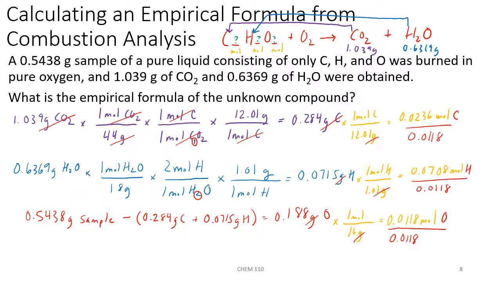When we divide the oxygen moles by itself, that'll give us 1. When we divide by the moles of hydrogen, we get 6. And when we divide by the moles of carbon, we get 2. Now, since we got small whole numbers, those are going to tell us our subscripts in our unknown formula. So we got C2H6O. That will be equal to our empirical formula of our unknown compound.